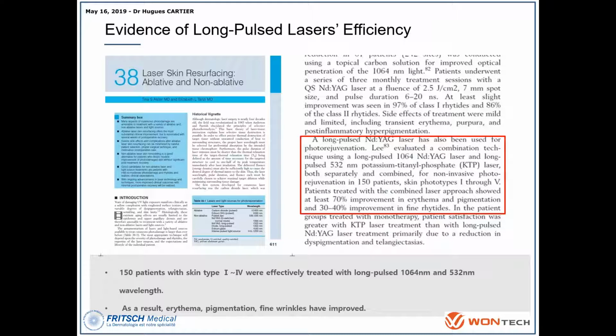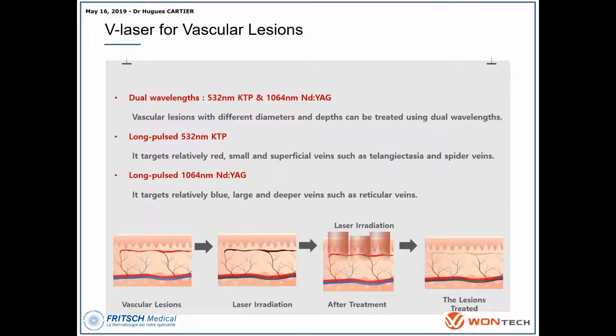Sometimes for remodeling, you can also reduce some fine wrinkles, but to prove that, you have to do many sessions to induce the reduction of the fine wrinkles. But most of all, this device is easy to use. It's very simple to use for a young practitioner and for all ones also, because you have the possibility to modify the setting as well as you want.